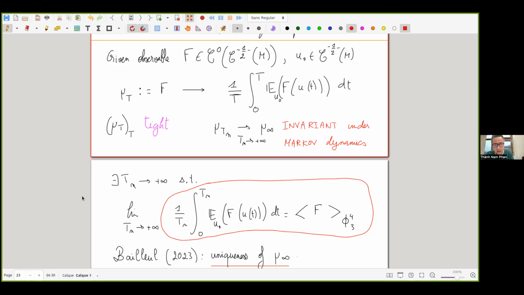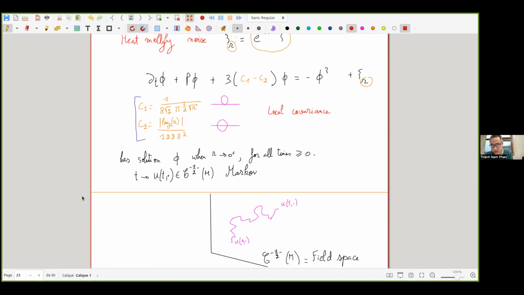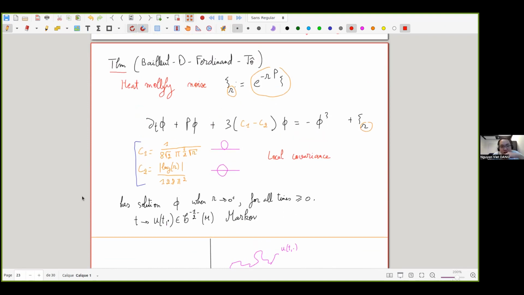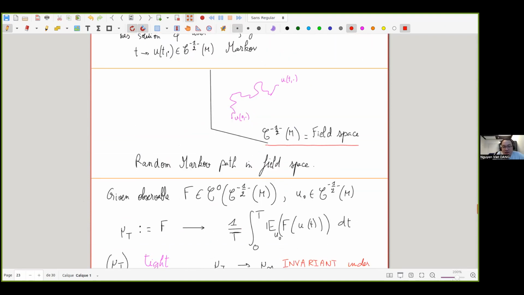So my quick question is, in your last theorem, you put the same counter terms that are expected from the perturbative approach, right? It's almost like the counter term C1 comes from the tadpole graph, and the counter term C2 comes from the sunset. Sunset is very important for us.